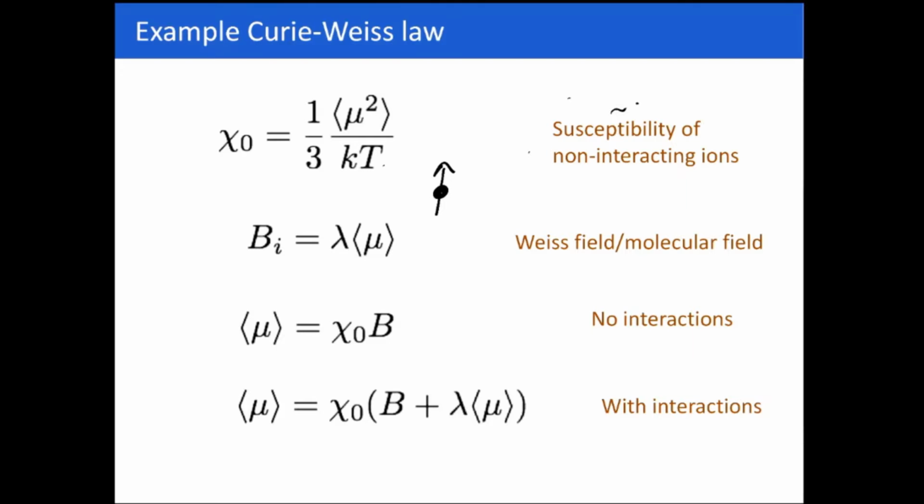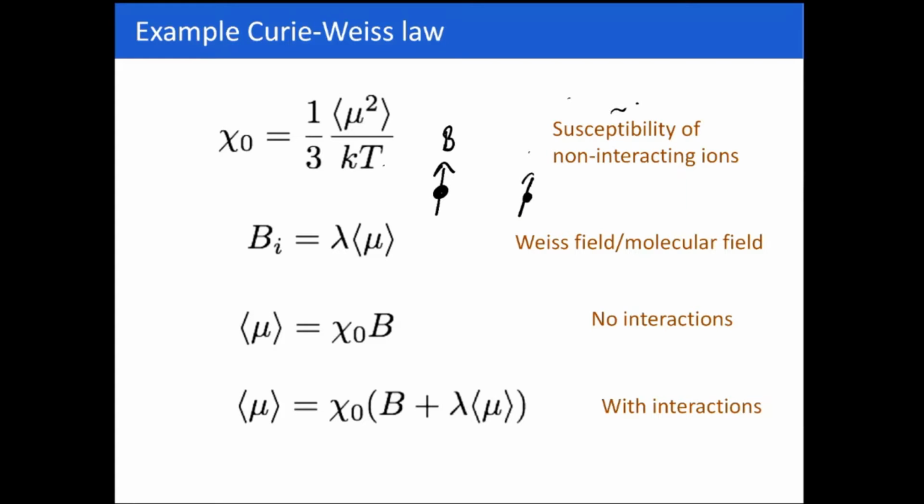The Weiss law is just for thinking of a single site. Actually, we just treat all the sites separately in the Weiss law. But now if we add in our mean field, instead of an atom just seeing a field that we apply, a B field, it sees the effective field from its friends.